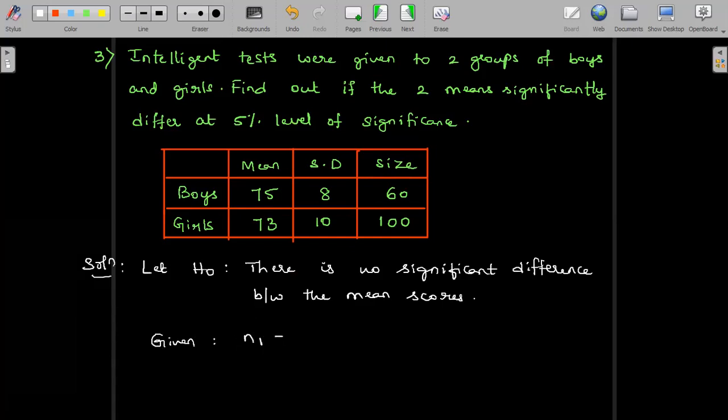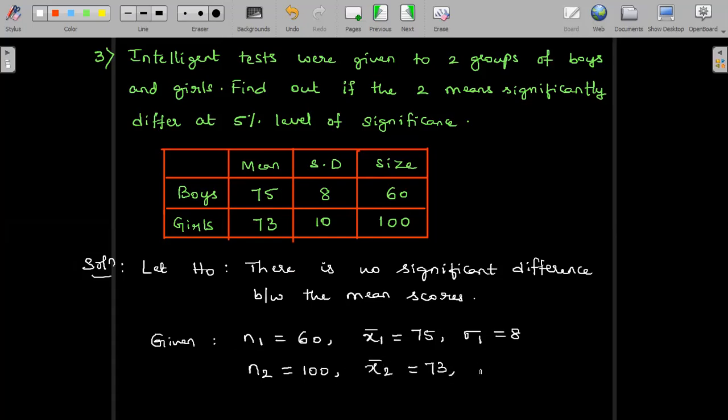With respect to boys, N1 is 60, X1 bar is 75, and sigma 1 is 8. Similarly, with respect to girls, N2 is 100, X2 bar is 73, and sigma 2 is 10. So this is the given data.